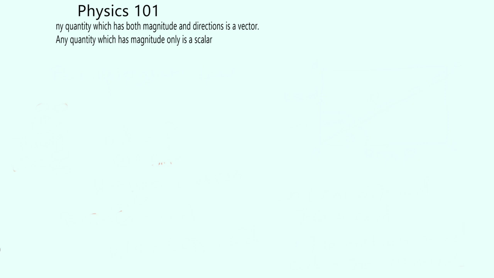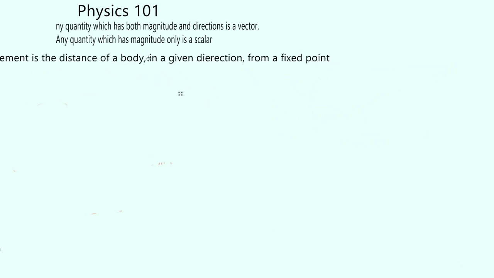Displacement is the distance of a body in a given direction from a fixed point. Okay, so now we can move this important concept up here and make it a bit bigger.